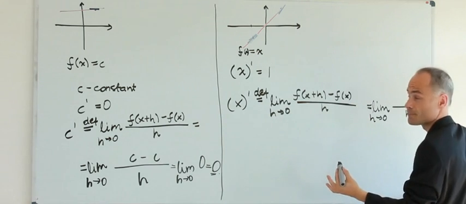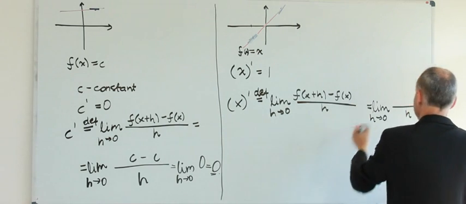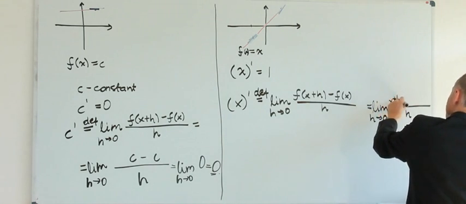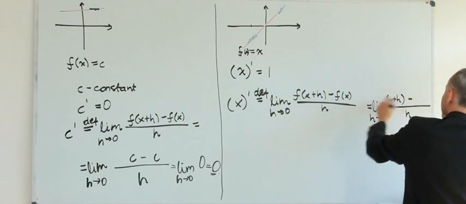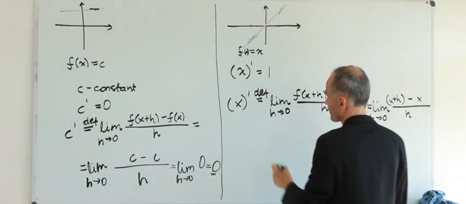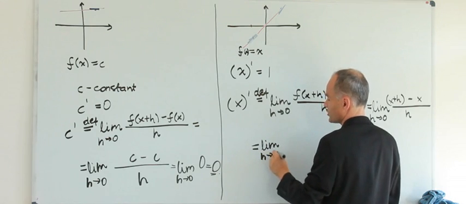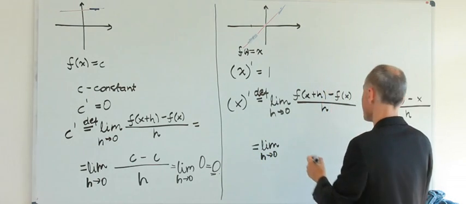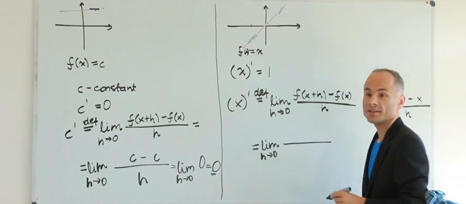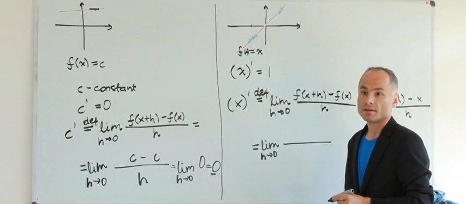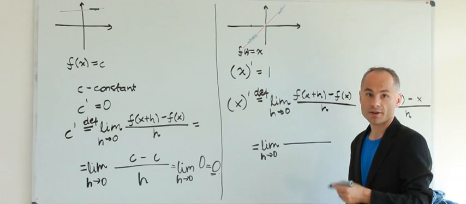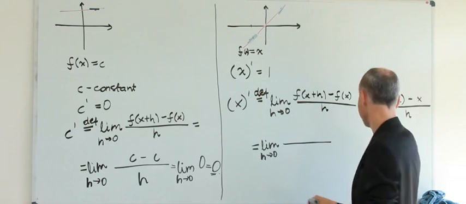Well, f is the identity function, so it will be x plus h. And f of x is just x. So what we get is the limit as h goes to 0 of, what's left in the numerator? x plus h minus x. So it's just h, right?